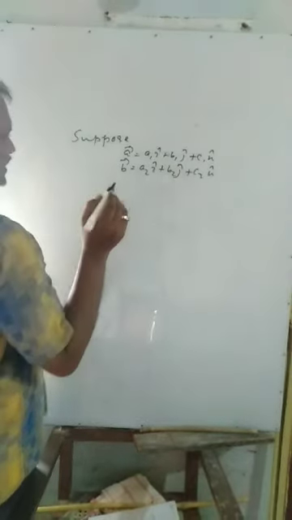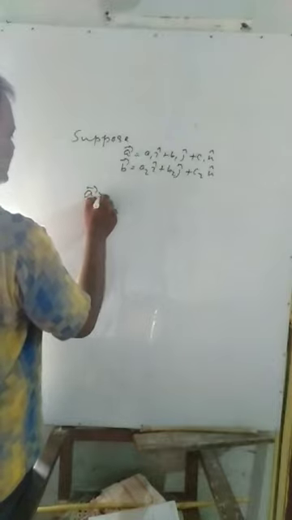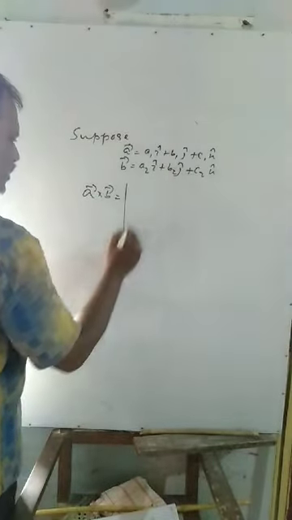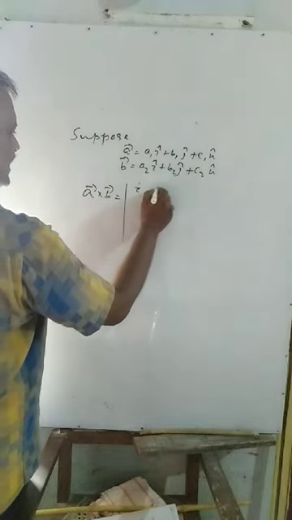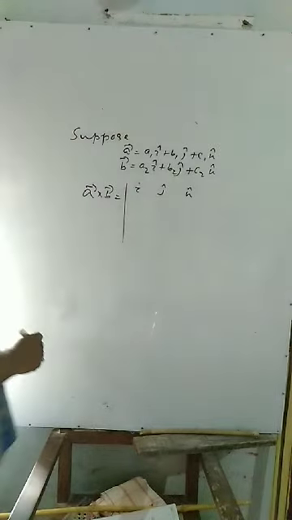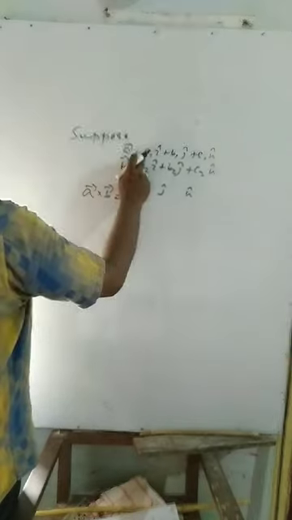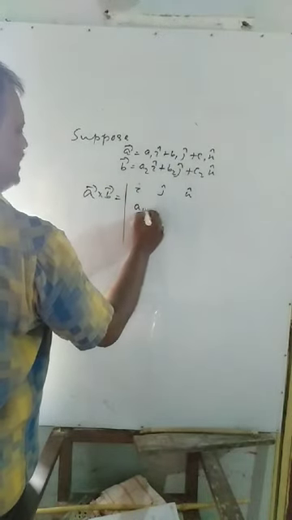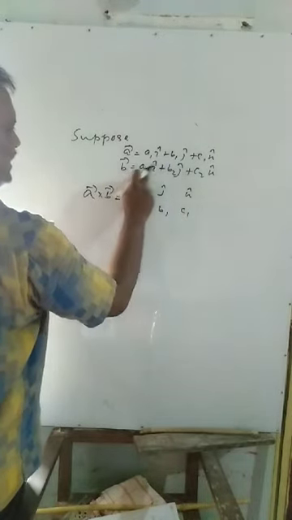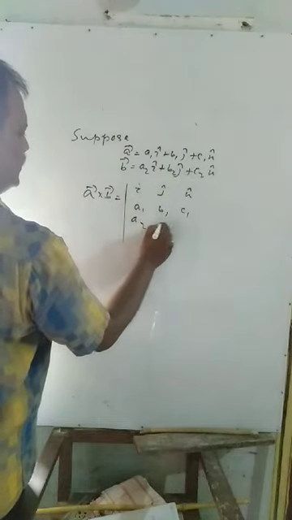Then A cross B can be represented in determinant form: you write i cap, j cap, k cap, then the coefficients A1, B1, C1, and A2, B2, C2.